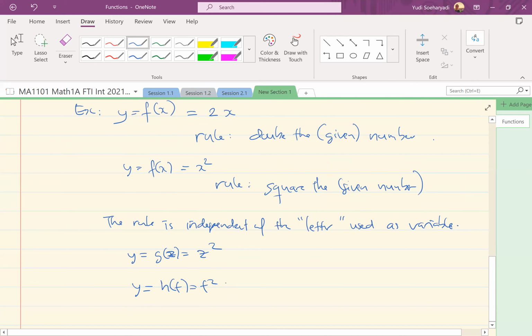Okay, so these three are exactly the same, because as a rule they are the same. As a rule, they say to square the number.